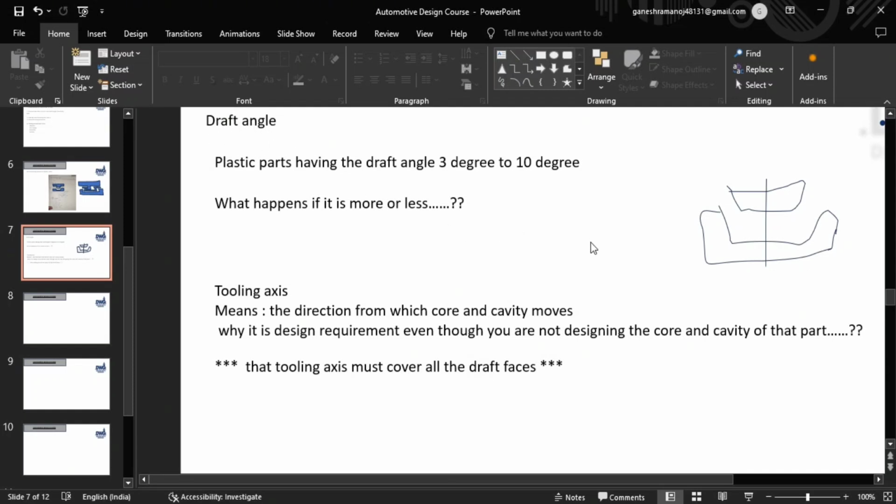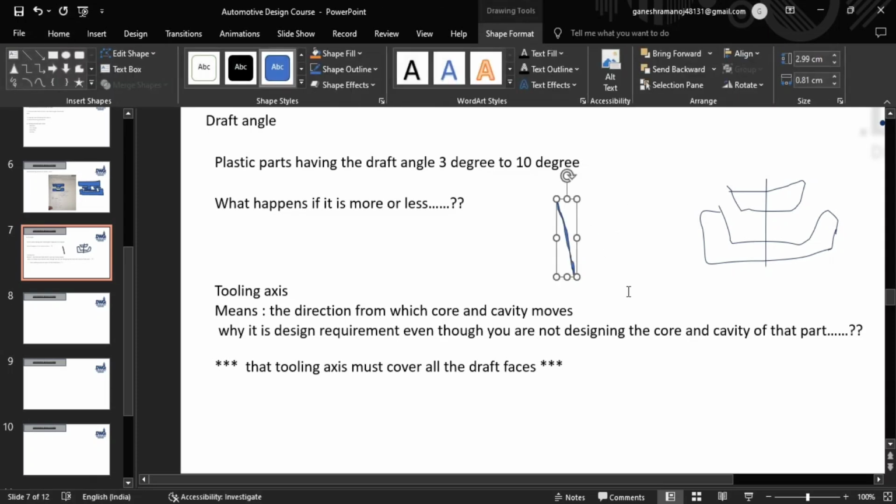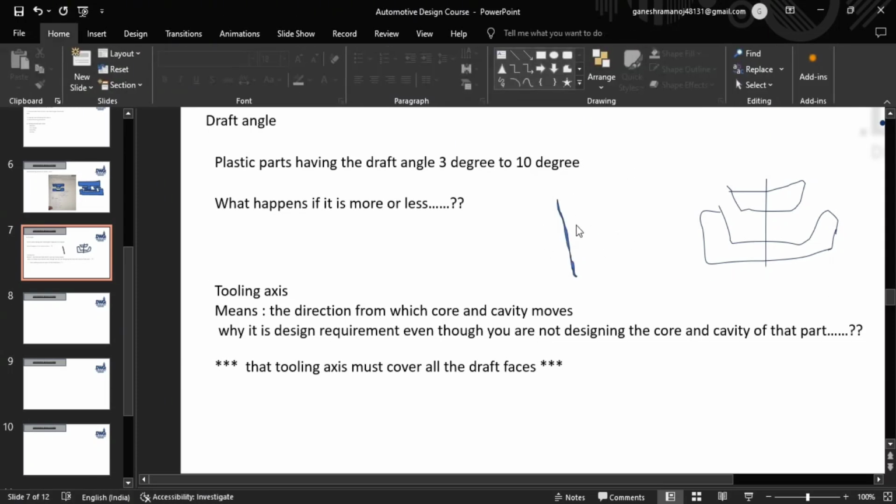Some plastic parts have slanted walls, not straight walls. Those faces we refer to as draft faces. So what does it mean that the tooling axis must cover all the draft faces?